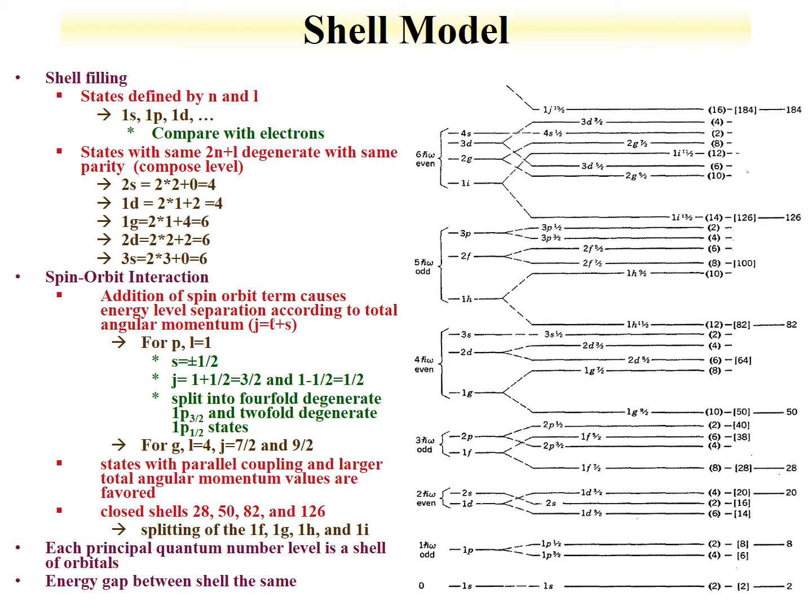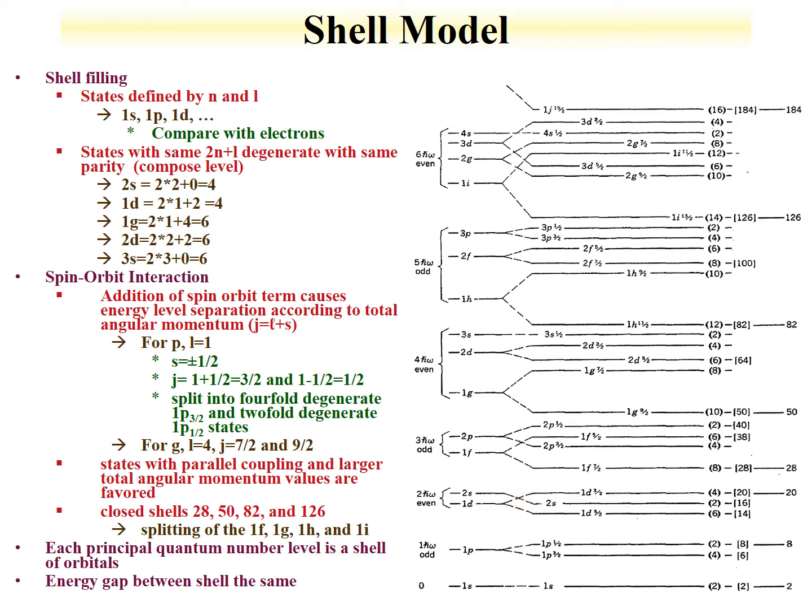So there's a variation in behavior of the shell model with the electron model. When we look at these states, we know that there are some states which are degenerate. So we can group some energy levels together.